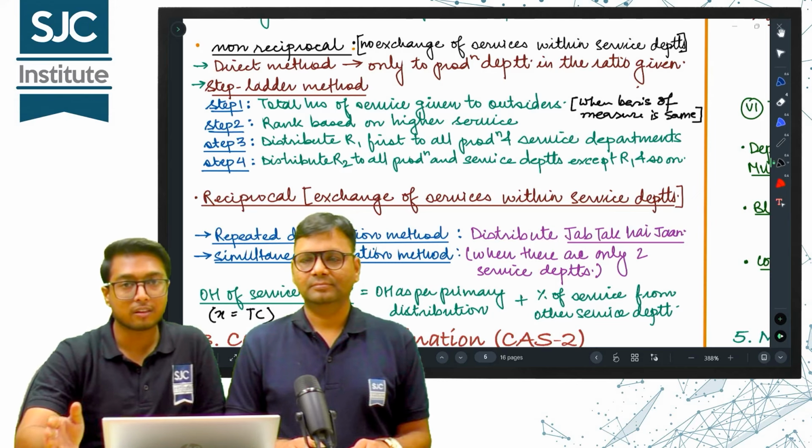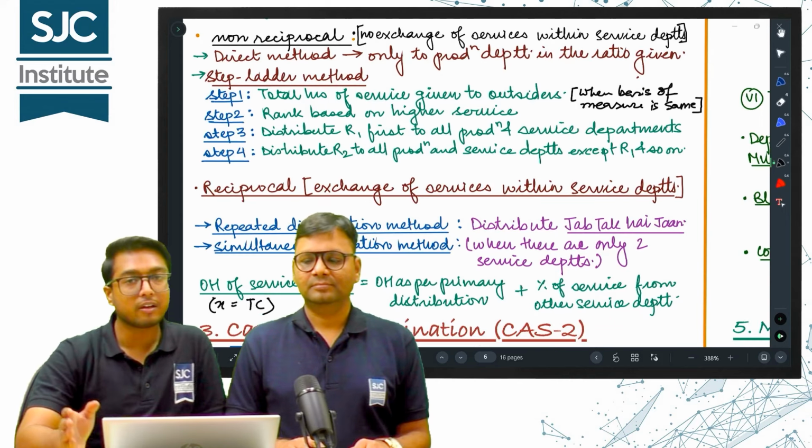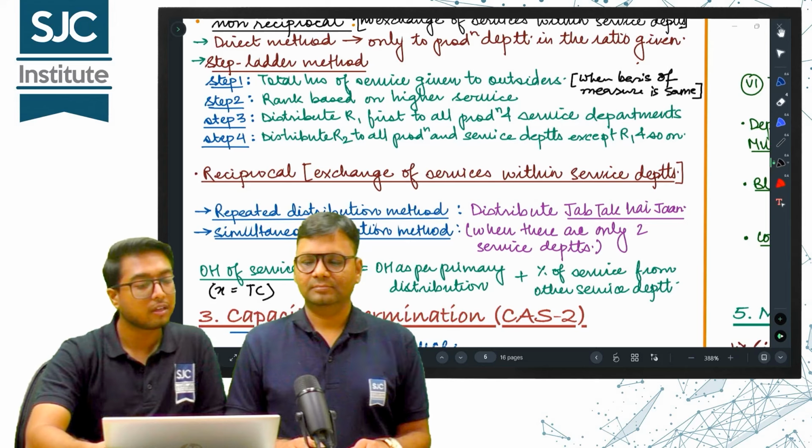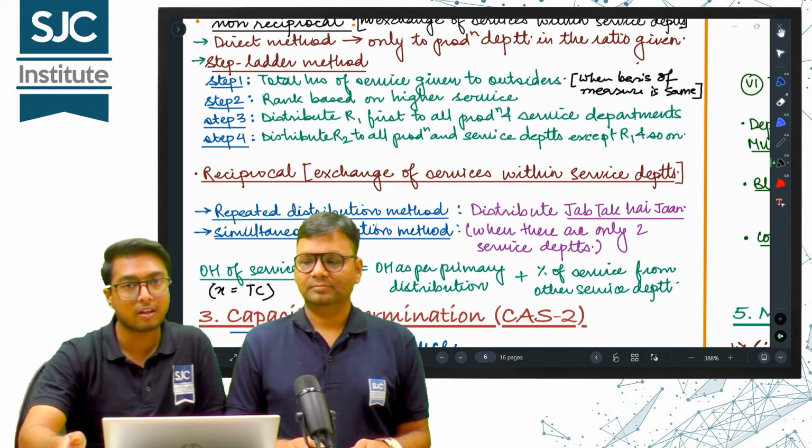You need to rank the services provided by the service department based on these higher services. Step 3. Distribute the first ranked service to the production department and then to the service departments. Step 4. Distribute second ranked service to first production department and then to service department except rank 1 and continue this process.